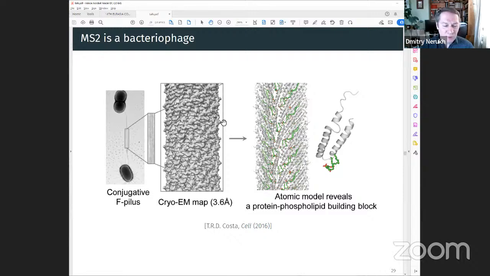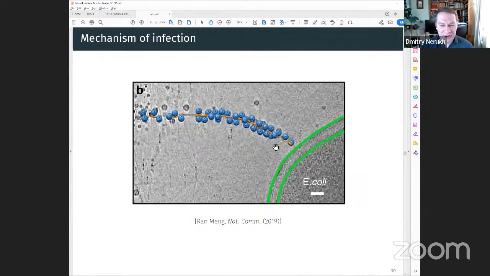But what the phage does is it attaches to this pilus. Those blue spheres are the viruses. And when the pilus retracts inside the bacteria, the virus transfers its genome through the bacterial wall inside the bacteria.